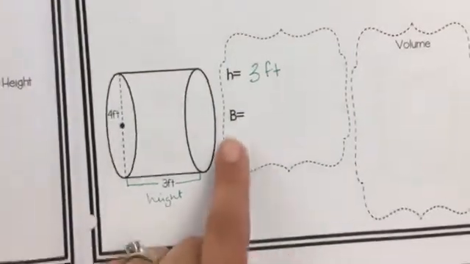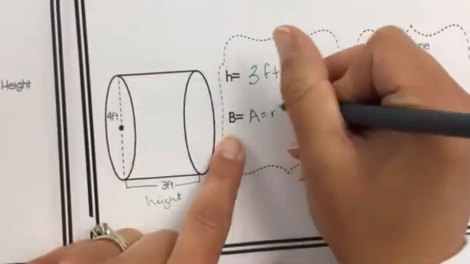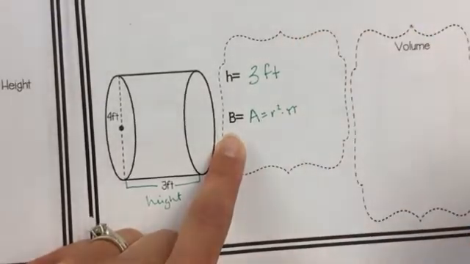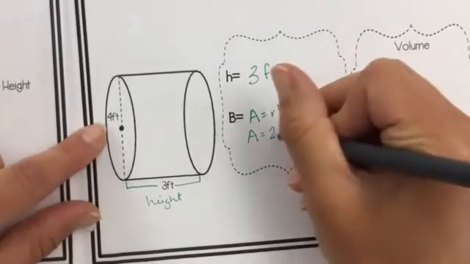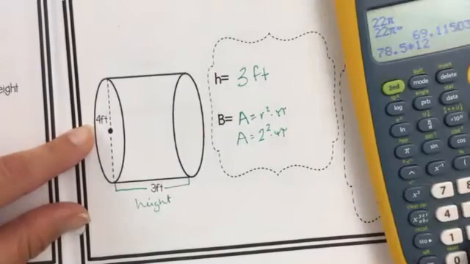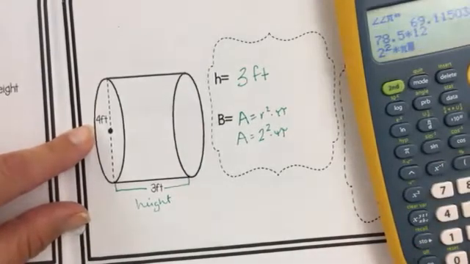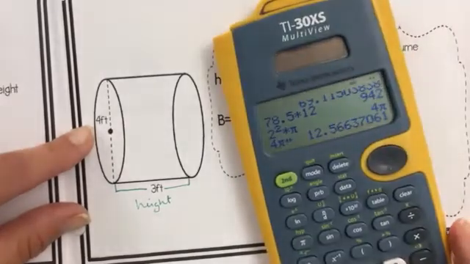To find the area of our base, since our area is a circle, we're going to do radius squared times pi. And then our area is 2 squared times pi. So 2 squared times pi equals 12.6.